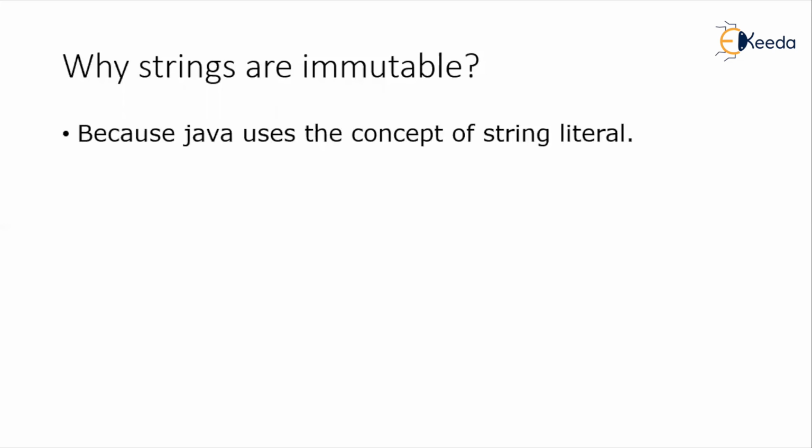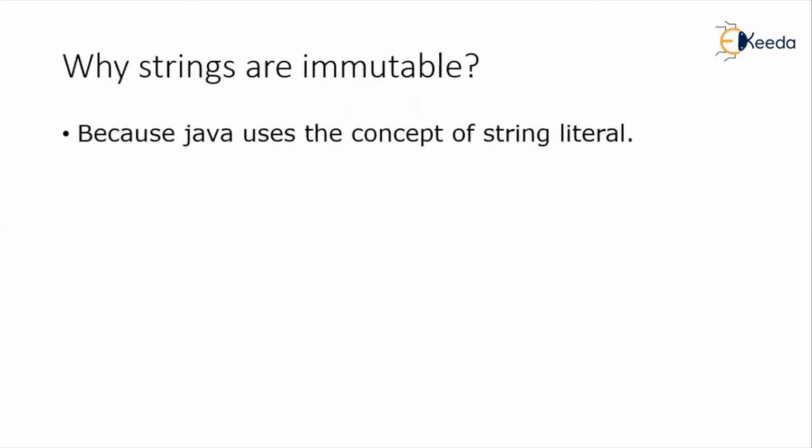So we can have multiple string references referring to the same string object. Say, for example, there are multiple references referring to the same object. And if any one of those reference variables changes the value of the object, what will happen?